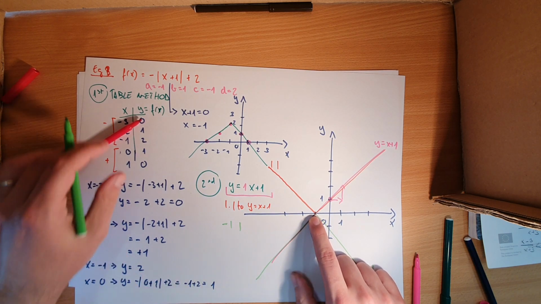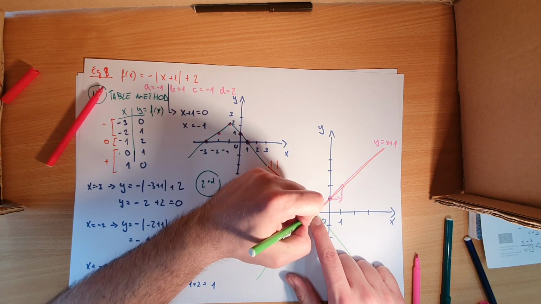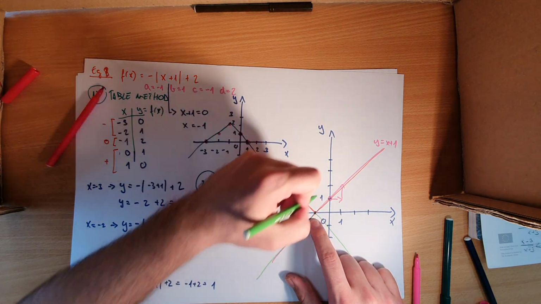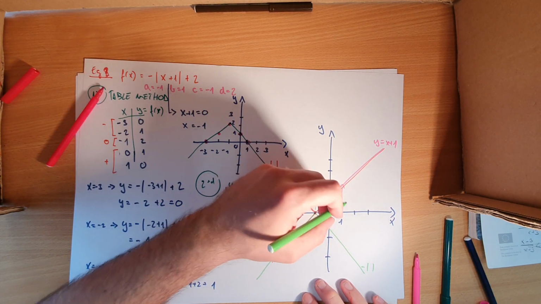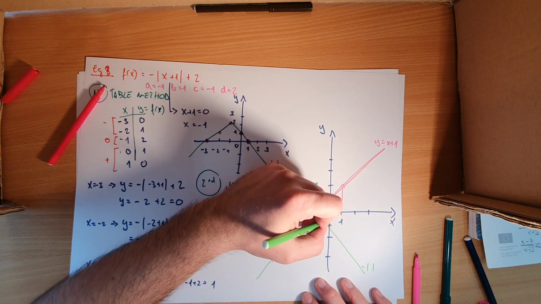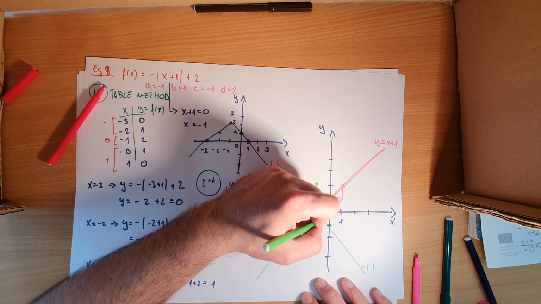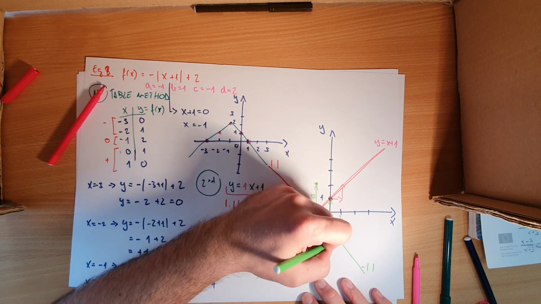Now we have to pick certain values. If it translates 2 upwards, this point is going to be translated here. So this is by 2, so plus 2. The same goes for any other point. For example, this point is going to be transformed here. And so on and so on.